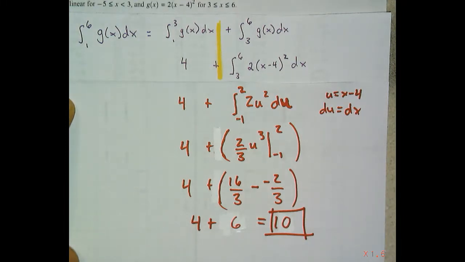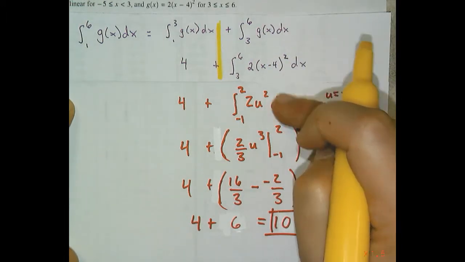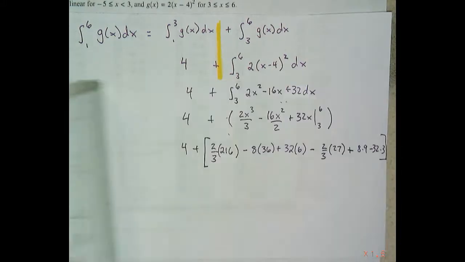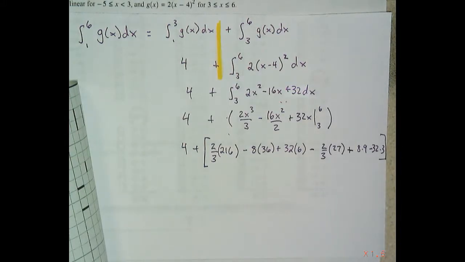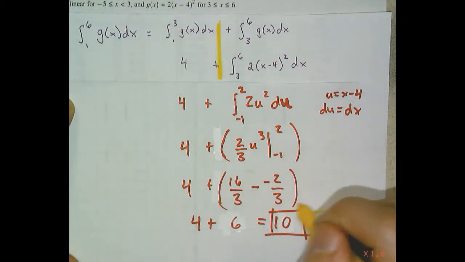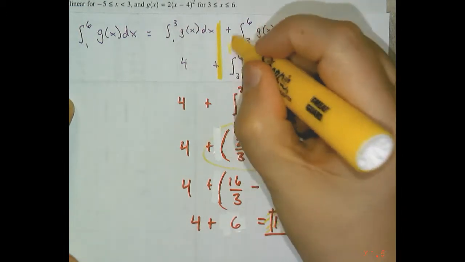The second point comes from finding the antiderivative of g of x, either using substitution or using expansion and power rule. And then the third point comes from having the correct numeric answer, which is 10. So that's your third point. Second point. First point.